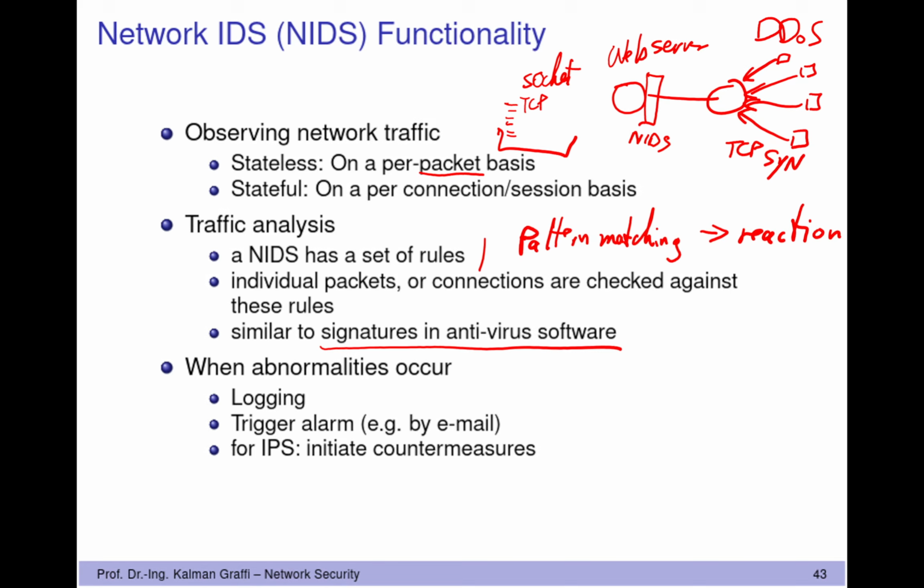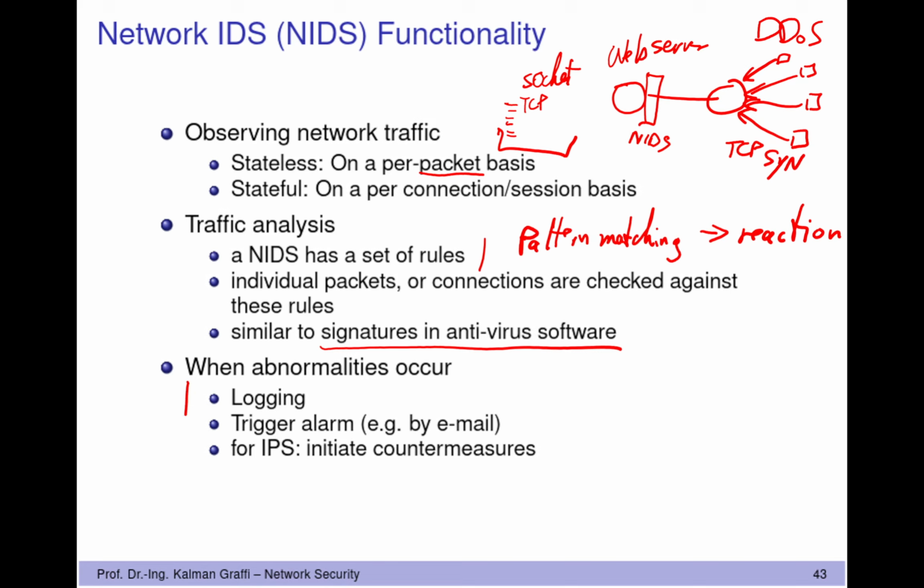What antivirus software sometimes does is just look at the exe files, look at the bytecode, and if it observes command patterns in this bytecode that are characteristic for specific viruses, then it raises a flag and tells you here's a potential match to a pattern that has been associated with a virus. Very similar, just that in this case it's not exe files that are matched, but every individual packet.